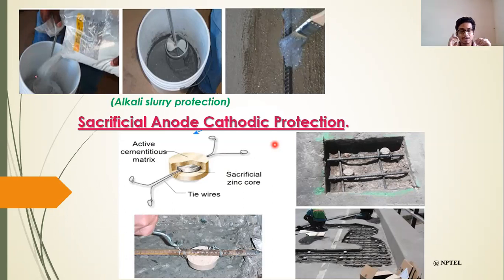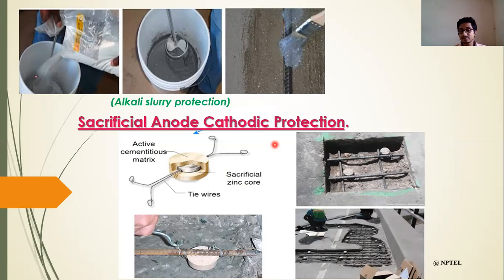In the corrosion cell, we have seen that the anodic part of the metal is getting deteriorated. The degradation of the system happens from the anodic part. Now in this case, we introduce an artificial anode next to the bar, so that the bar does not get damaged. Instead, we are going to artificially damage that anode, which is implemented into the concrete system.